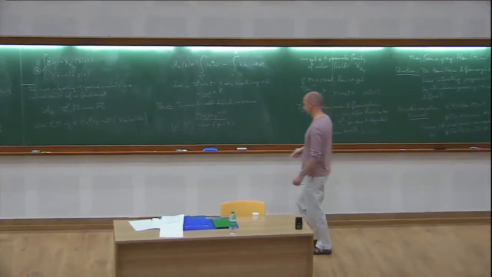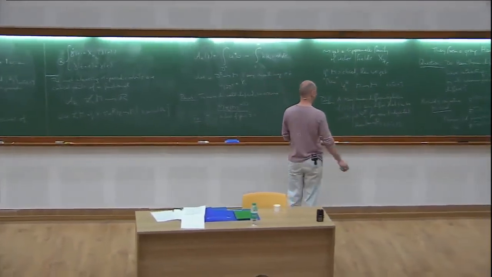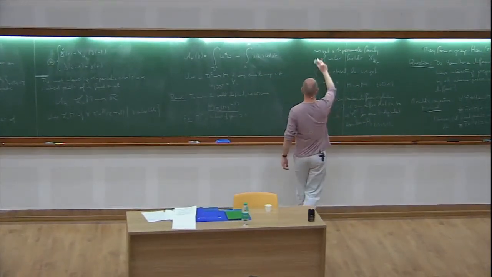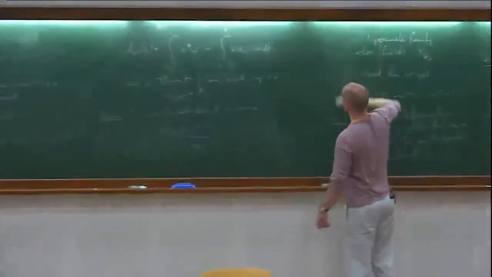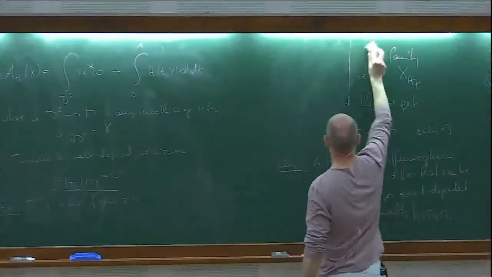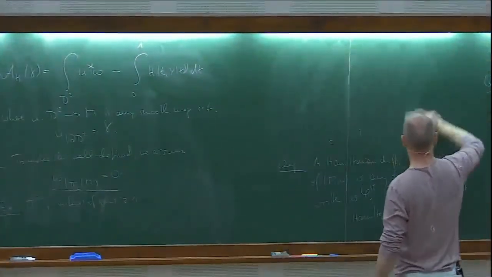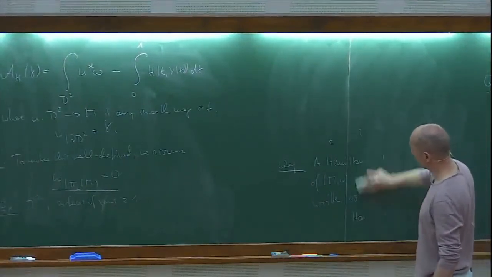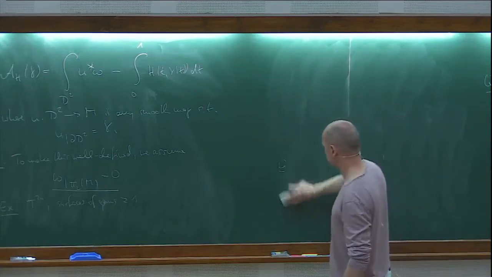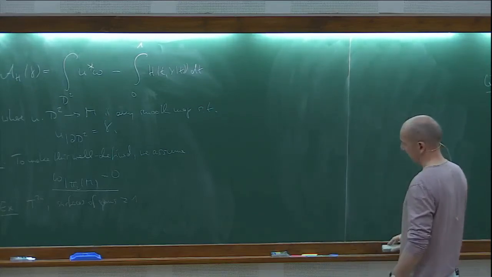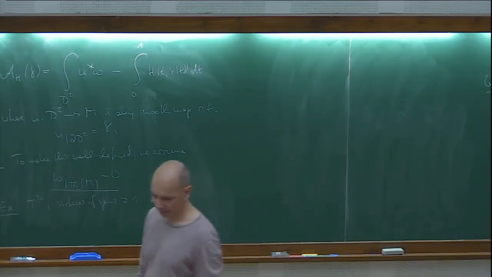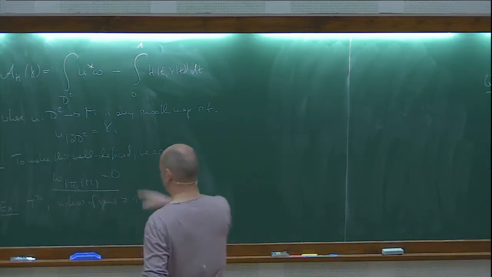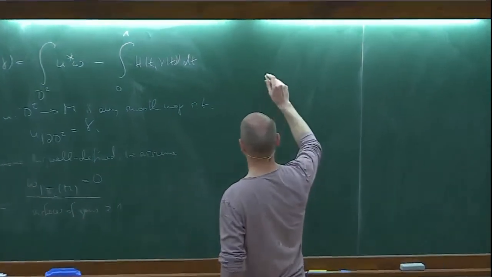Good. Where was I? So this is my action functional. Again, the choice of signs there is another matter of convention. Now I want to briefly tell you what the differential of this is.